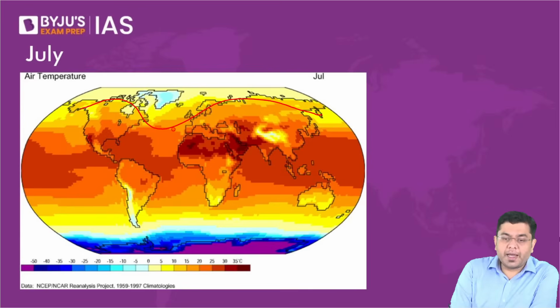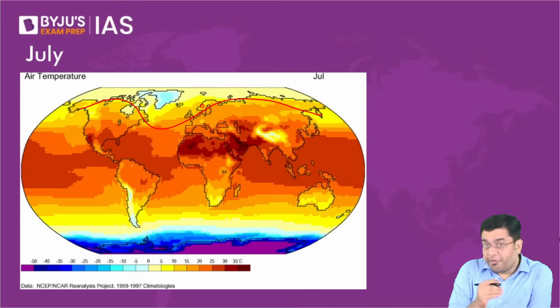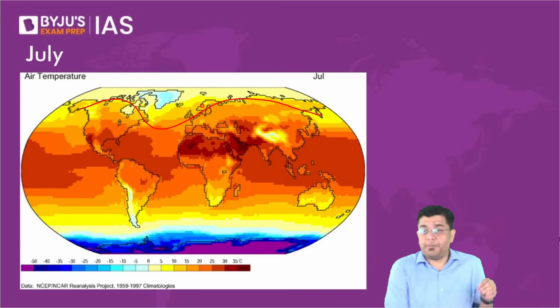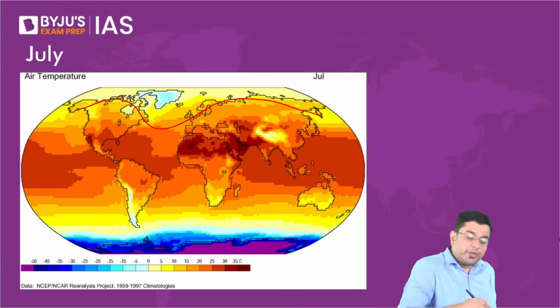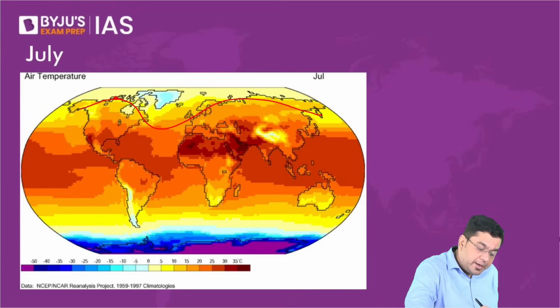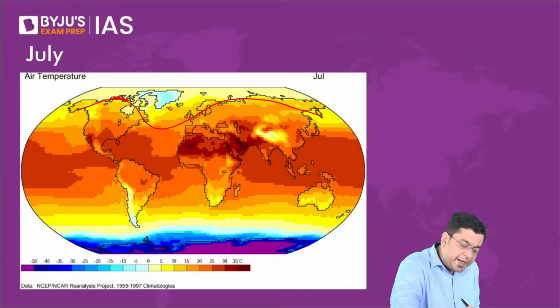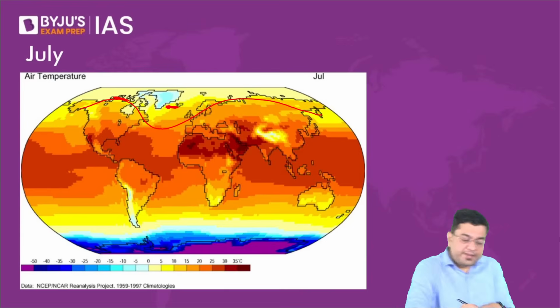So if I draw an isotherm during these months, it will dip very much over the oceans, ever so slightly, because the temperature will be higher compared to the temperature here, isn't it?